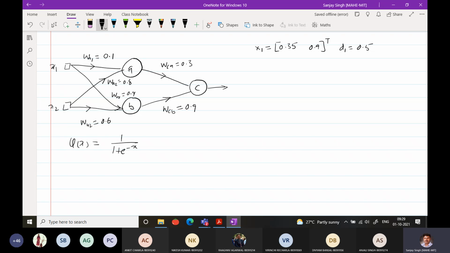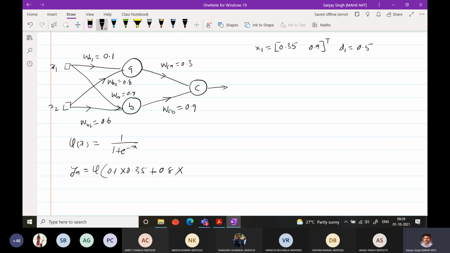Now let's talk about this A. When we start this calculation, we have to calculate the forward signal. So we need YA. First we have to find VA, but instead I'll say within phi: 0.1 into the first component 0.35, plus this weight 0.8 into the second component, that is 0.9.